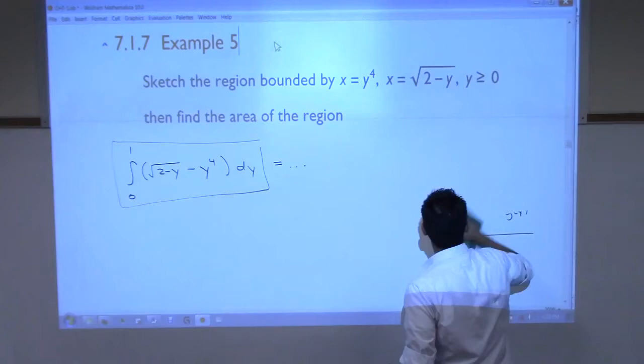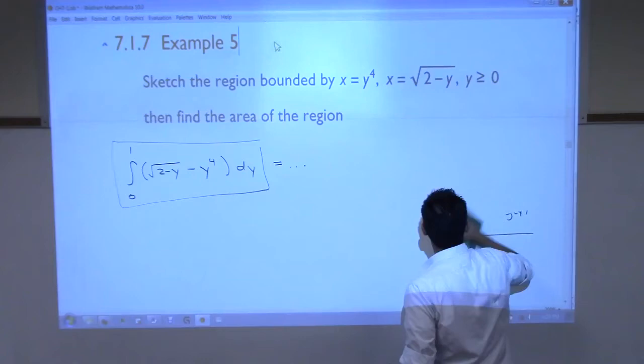One more thing for us to determine: the points where they hit. So I need to grab this point, and this one's obvious, right? 0. So I know my integral goes from 0 to something. How am I going to figure out where those hit? Set them equal to each other, right?